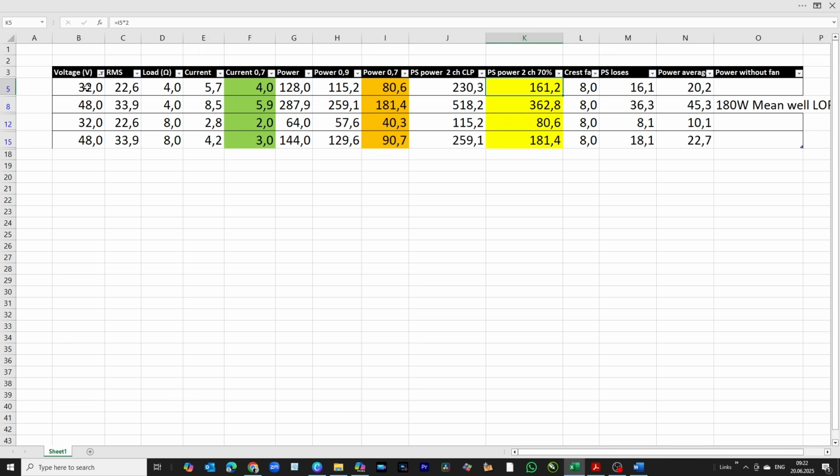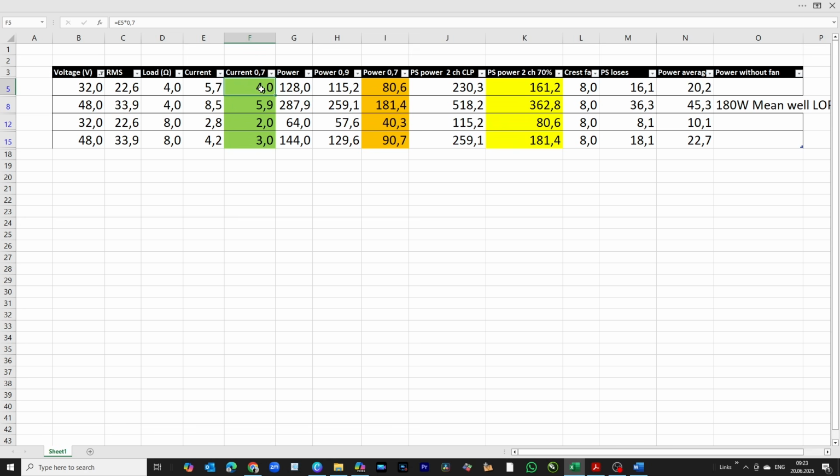Typically those power supplies are able to withstand some additional peak power above the normal power. So if we have a 32 volt power supply rated at 5 amps, then we can run only one channel. But normally they are able to do some 7 amps peak, and then we are almost there.